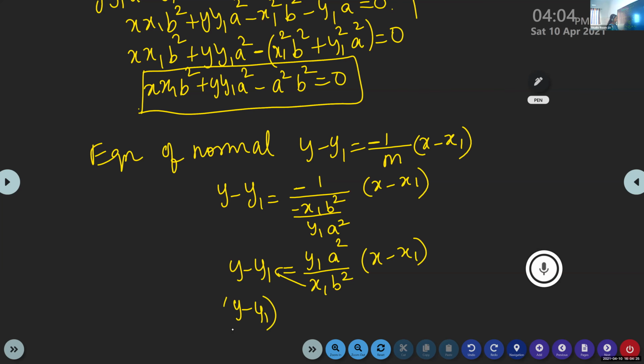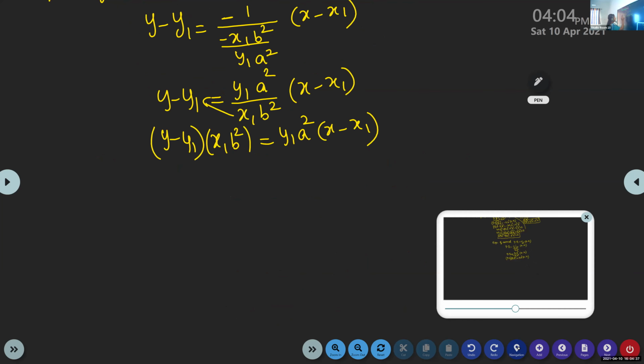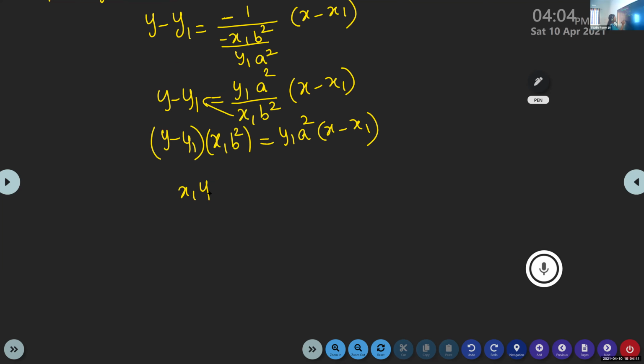Y minus y1 into x1 b square is equal to y1 a square into x minus x1. Now open the bracket. When you open the bracket, you will get x1y b square minus x1y1 b square is equal to xy1 a square minus x1y1 a square.